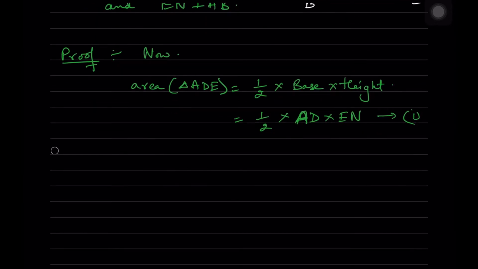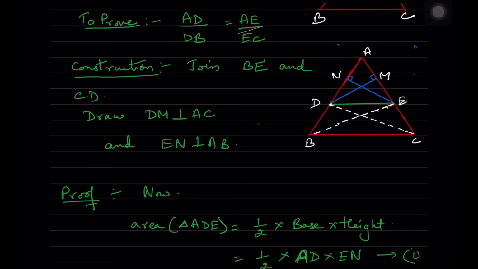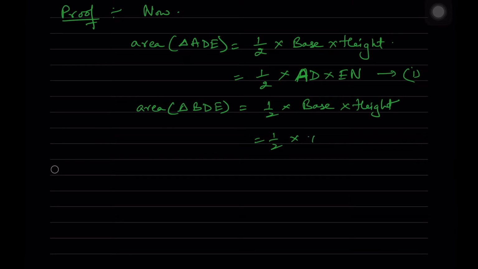Now again, area of triangle BDE is equal to half into base into height, which is half into DB into EN. Take this as equation 2.